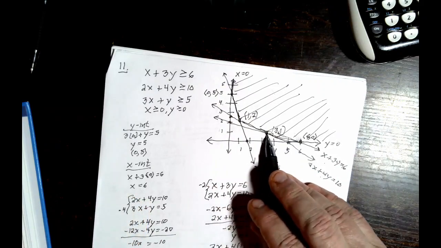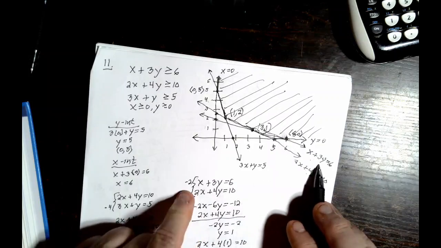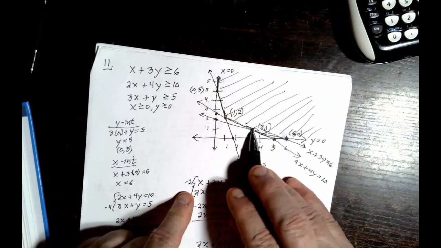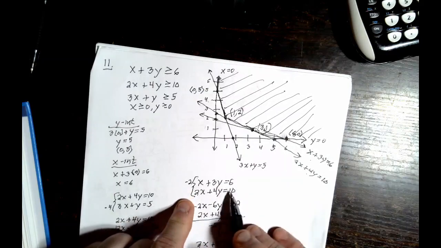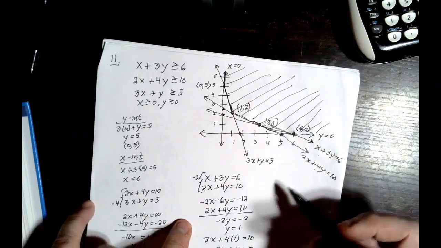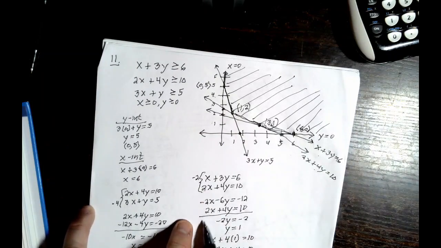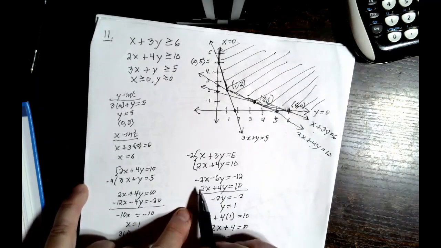Well, this one, I take the line that's x plus 3y equals 6, and the other line which is 2x plus 4y equals 10, and I solve that. Now how can I solve that? Well, if this one's positive 2x, I just make that one negative 2x by multiplying by negative 2, and my x's will cancel. Perfect way to do it.